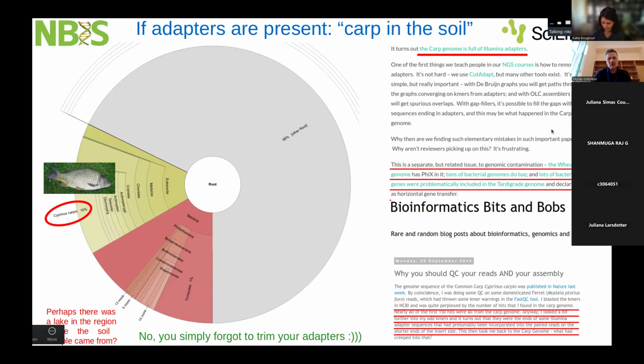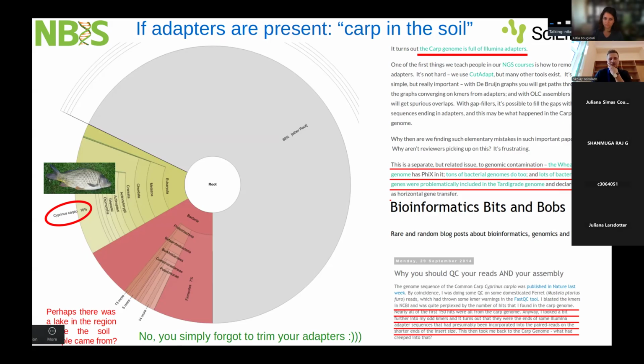And if you, for some reason, did not trim your adapters or forgot to trim your adapters, or you think that your pipeline actually includes adapter removal, but it didn't work for some reason, then you could easily find this strange organism, which was an indication for me. So later I learned that if you see this organism, it means something didn't work with your adapter removal.